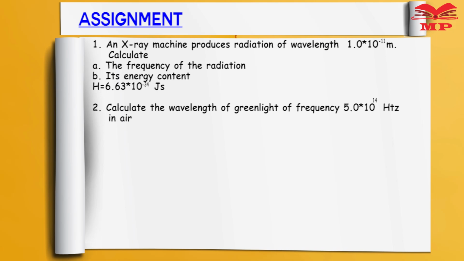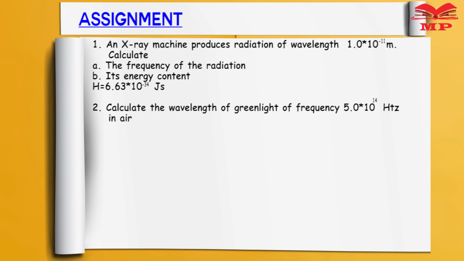In this question, you have been given the value of H, the Planck's constant, as 6.63 times 10 power negative 34 joules second. So you should work that one out.